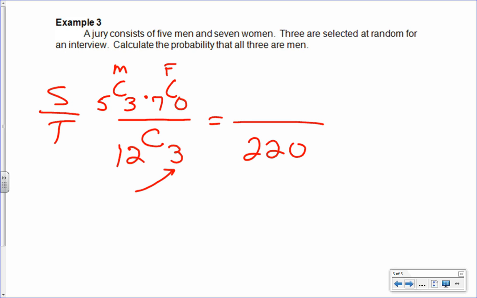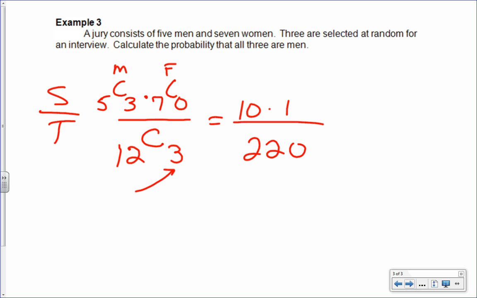Those better match. Don't be choosing 4 on top and 3 on the bottom. That's not going to work out too well for you. So 5 choose 3 is 10. 7 choose none. How many ways basically can I choose none of them? Yeah, 1, by not choosing any of them. So we see that 5 choose 3 turned into 10, and 7 choose 0 turned into 1.